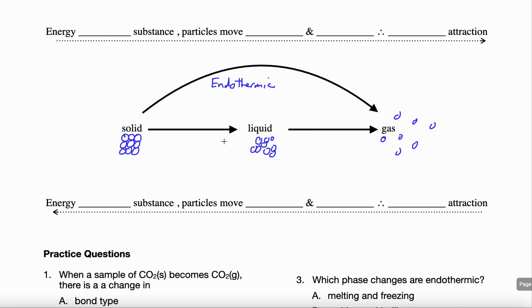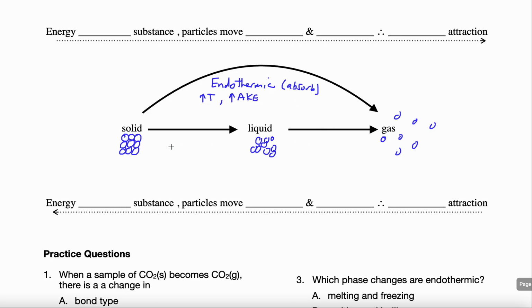So energy is going into our sample, so energy is being absorbed. And as a result, ultimately, we'll start to see an increase in temperature, and if the temperature overall increases, there's an increase in the average kinetic energy, okay?